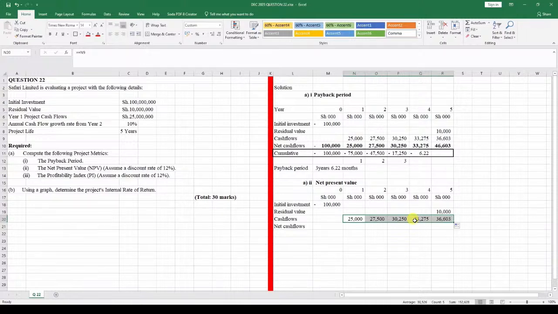So this is how we're going to discount it. The net cash flows, we still pick them from above there. Net cash flows like that. And then we have this value like that. And this is what we're going to discount. These net cash flows.